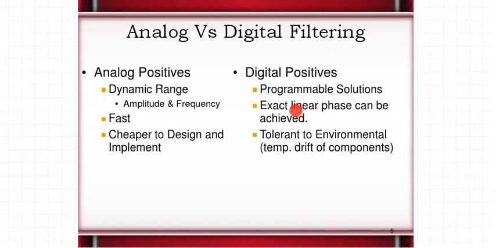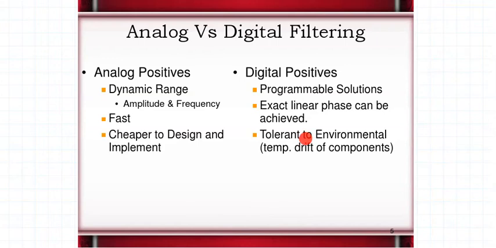The other thing we observe is that we get an exact linear phase. We'll go into this as we move into the details of digital filters. Another advantage is tolerance to environmental effects. Since there's no hardware involved, everything is based on the algorithm we write, so there's no impact of environmental effects like temperature variations in the hardware that we see in analog components.